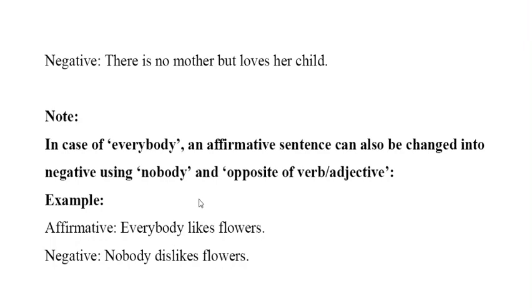There is a note: in case of everybody, it would be nobody. Everybody likes flowers, so nobody dislikes flowers. In this case you will take the opposite of the verb. So in both ways you can change them: there is nobody but likes flowers, or nobody dislikes flowers.